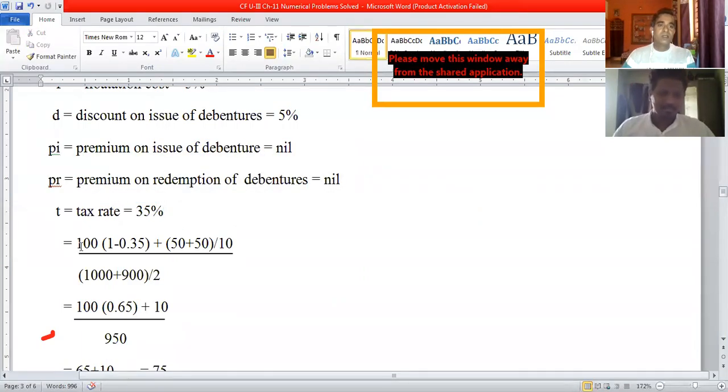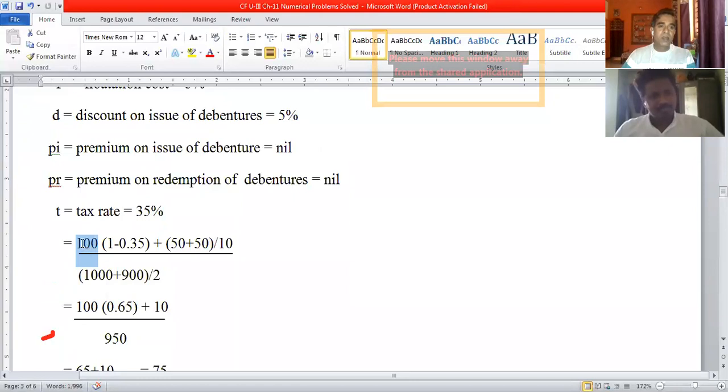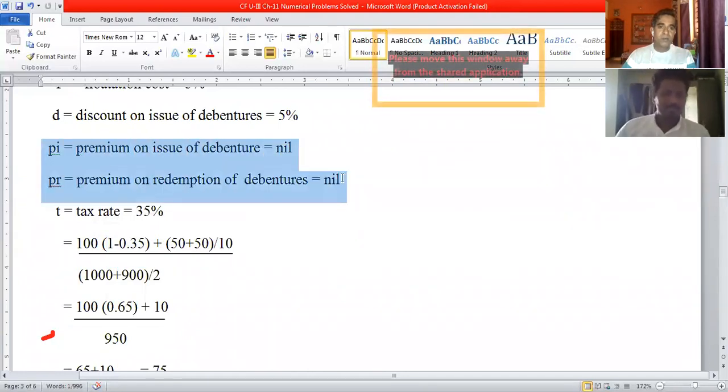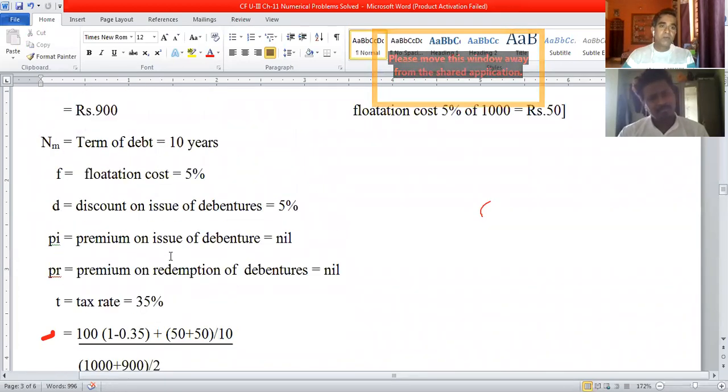Once we fill the equation with the data, I is 100 rupees into (1 − 0.35) plus, since we don't have PI or premium, discount plus flotation cost, 50 plus 50 rupees, divided by 10, NM being 10, the term of the debt, 10 years, whole divided by RV.